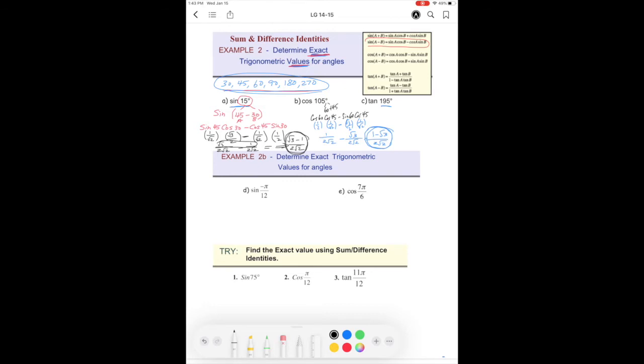So if that happens, we'll draw a picture, and then maybe we can get the reference angle and work from the reference angle. So let's draw where this is. Okay, so 195. Well, we know that's 90, that's 180, so it's just a little bit past 180. So there's our angle. And now this reference angle right here is 15.